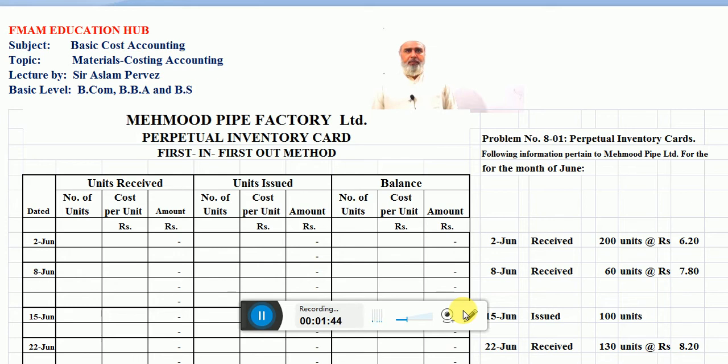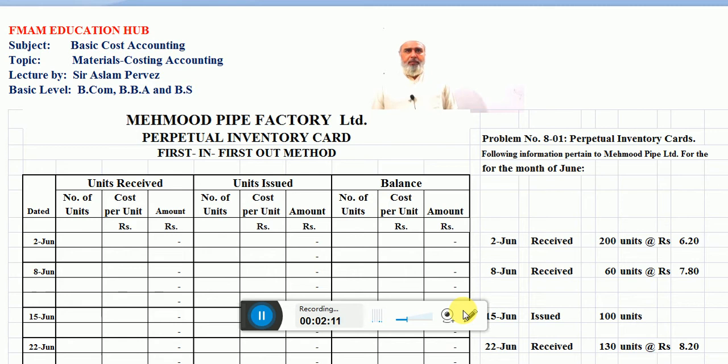We have studied in previous lectures that cost accounting system implies perpetual inventory system and maintains materials ledger cards for all items of materials.